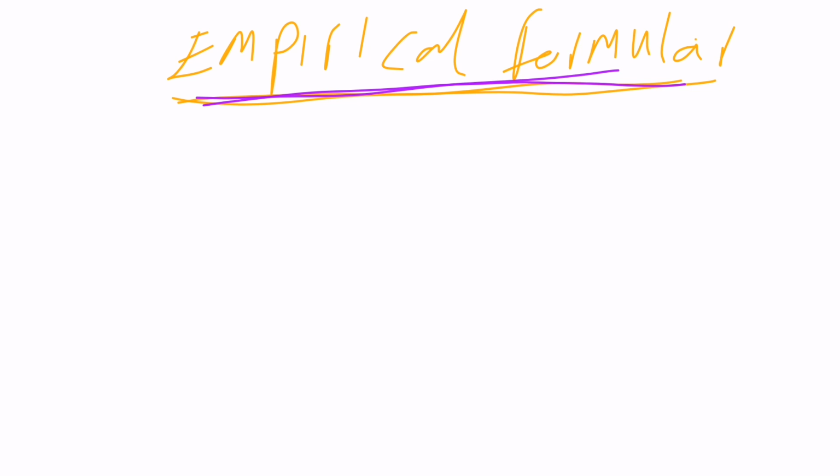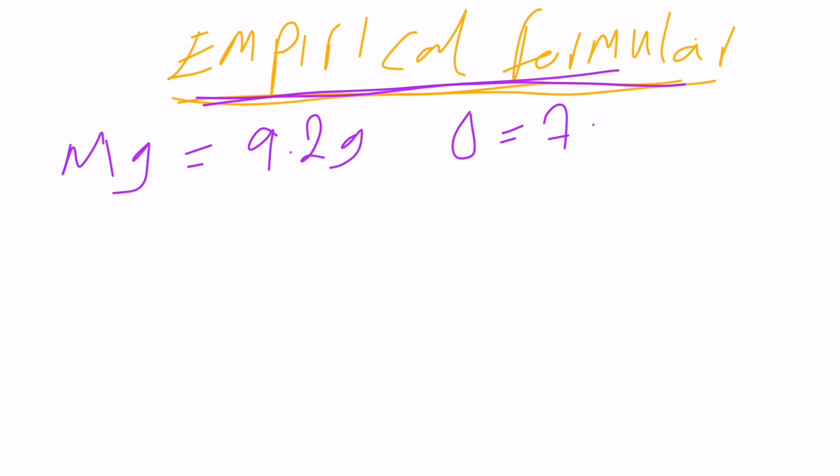Let's give an example of a compound which contains magnesium, so that it will help. I'll explain in the form of a question so that you can understand. A compound contains magnesium, which is 9.2 grams, and also oxygen, 7.6 grams.